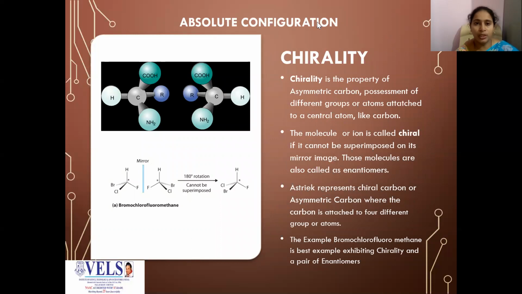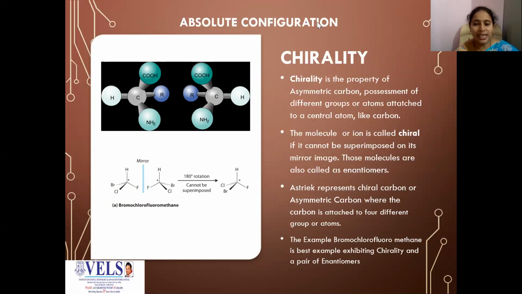Before moving on to the absolute configuration, I am going to just revise chirality. Chirality is a property of an asymmetric carbon, or the possession of different groups or atoms attached to a center atom like carbon. The molecule or ion is chiral if it is not superimposable on its mirror image; these molecules are also called enantiomers. Generally, an asterisk represents a chiral carbon or asymmetric carbon, where the carbon is attached to 4 different groups or atoms.